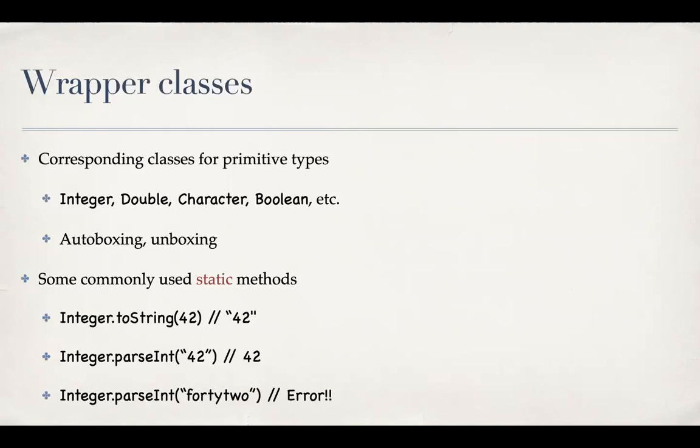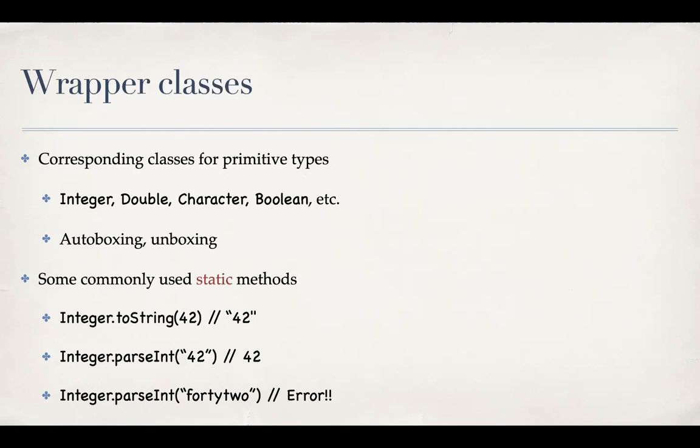Next, let's talk about wrapper classes. When we discussed the primitive types, I said primitive types are not objects. That keeps certain things simple; executing arithmetic operations on ints, let's say, is very, very simple, very fast, and happens in the language directly.